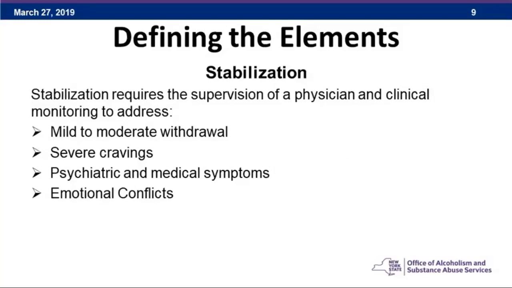So historically, our providers have attempted to provide stabilization services for years, yet those services were not appropriately staffed to accomplish that task. Our task has been to develop strategies to direct individuals to a stabilization element as opposed to detox. This then fills a much-needed gap for support of individuals who have mild to moderate withdrawal symptoms, severe cravings, and, as stated before, emotional conflicts.